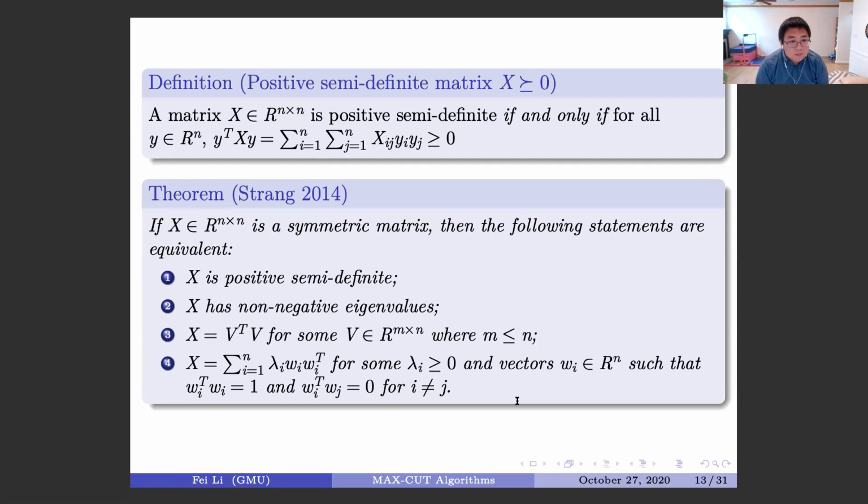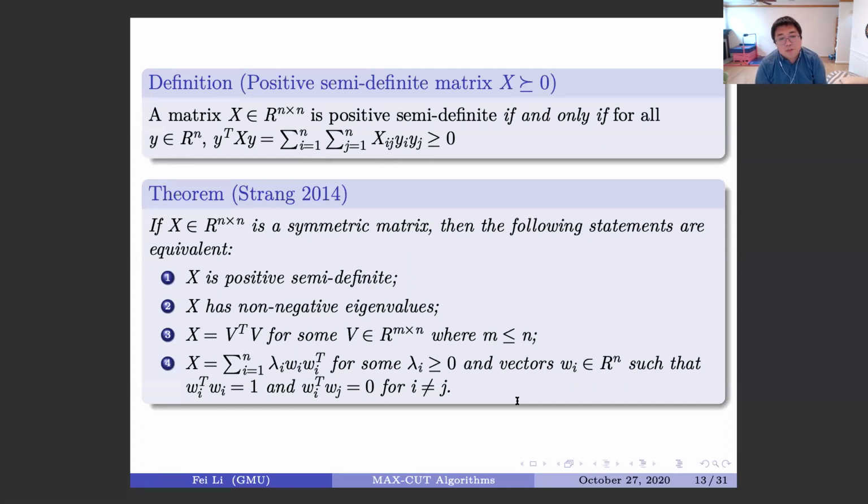In the linear algebra textbook, if you have an n by n symmetric matrix, then the following statements are equivalent. The matrix is positive semi-definite, and it has non-negative eigenvalues.